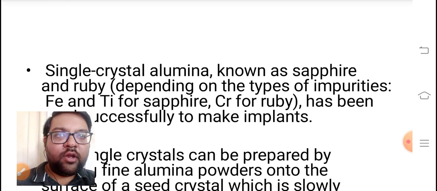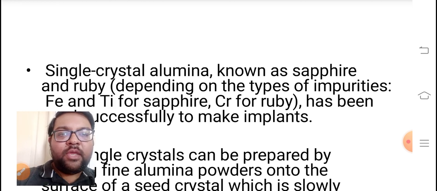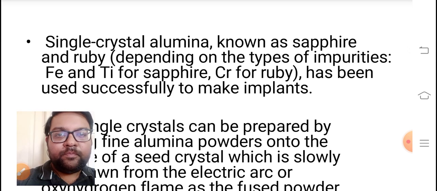Single crystal alumina, known as sapphire and ruby depending upon the types of impurities added, like Fe and Ti for sapphire, chromium for ruby, has been used successfully to make implants.